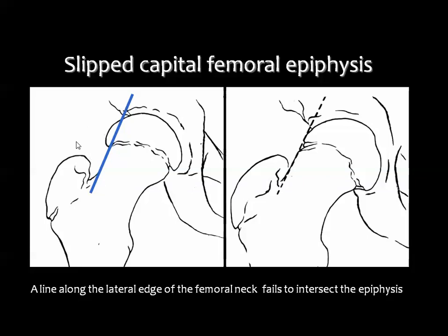This line will include part of the epiphysis if the epiphysis is in its normal position. But if the epiphysis is slipped or starting to slip, this line will fail to include part of the epiphysis.